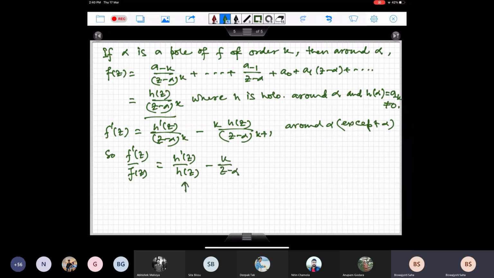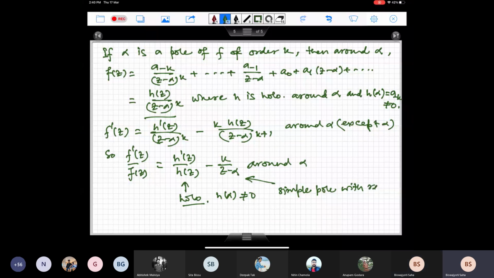So what can you tell me about this? This one is holomorphic around alpha, again because h of alpha is not equal to 0. And what can I say about this guy? Simple pole, with residue minus k. All of you agree to this?